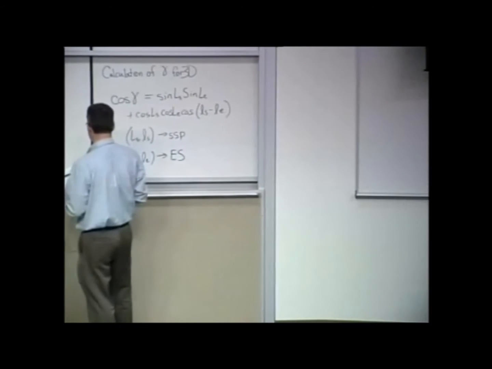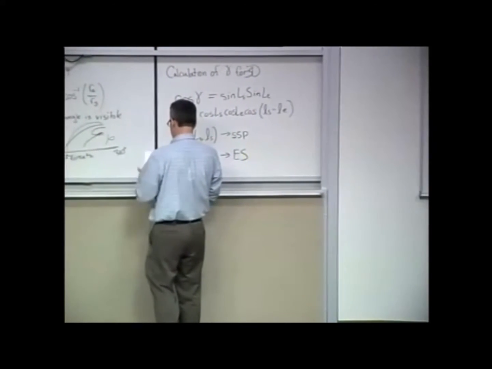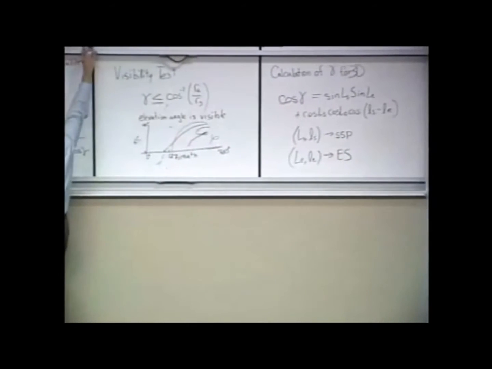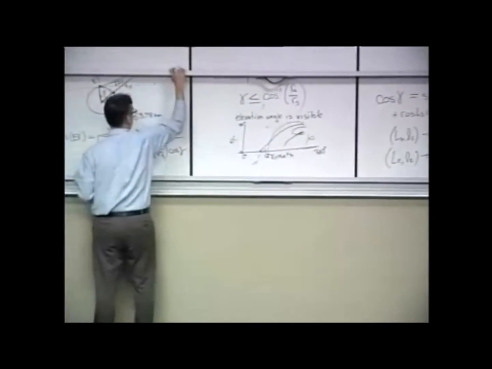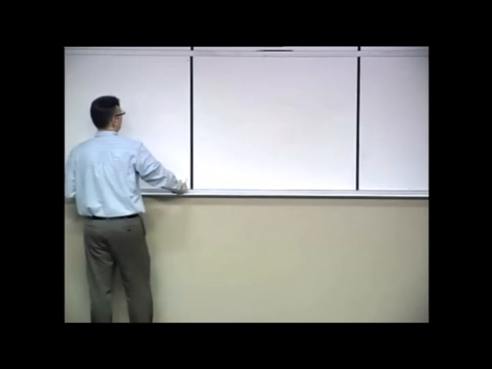Now, how do we do azimuth? This is also a two-step process. We need a helper azimuth variable, which by convention in this class we call alpha.